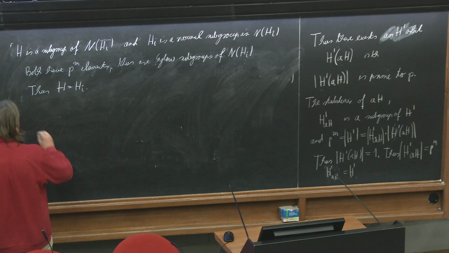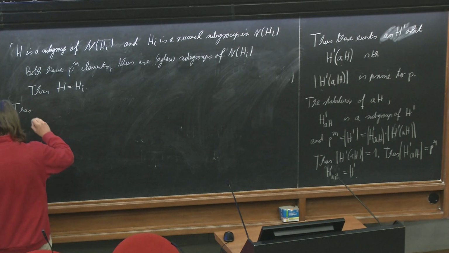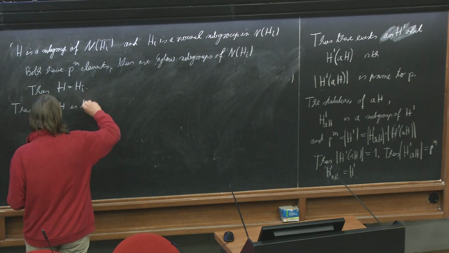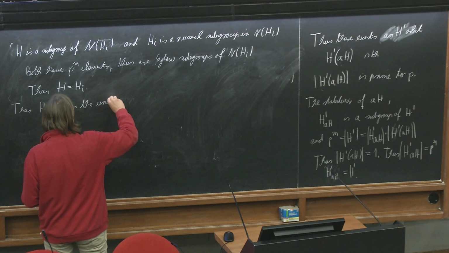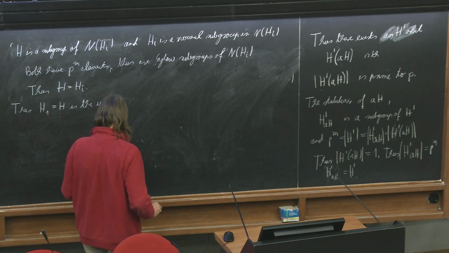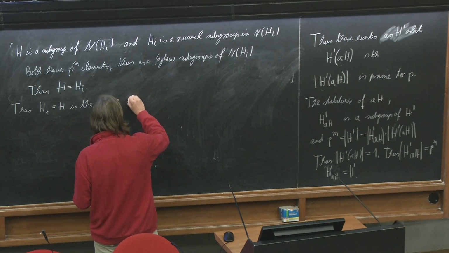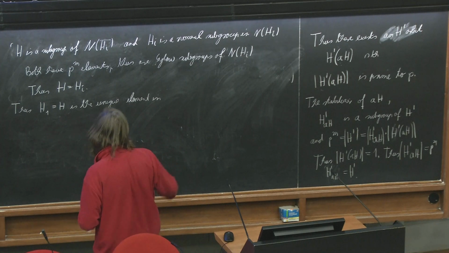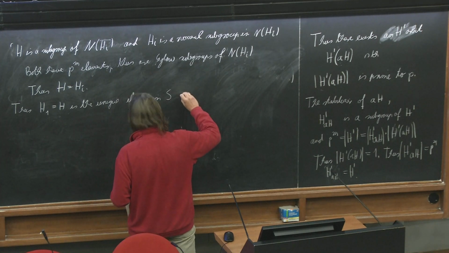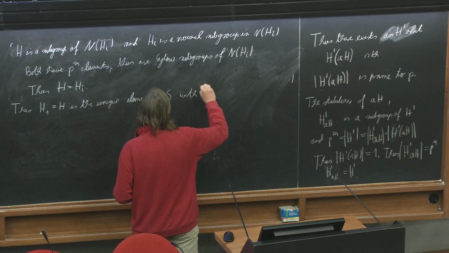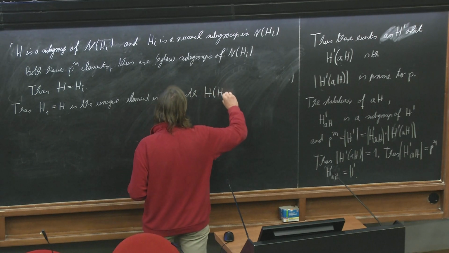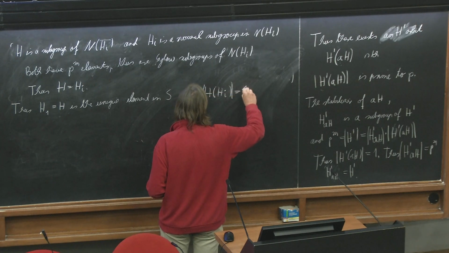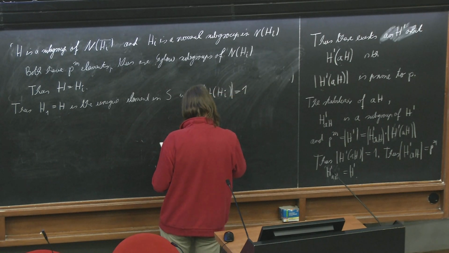So thus, H_1 equal H is the unique element in S with the number of elements in the orbit of H_i equal to 1.